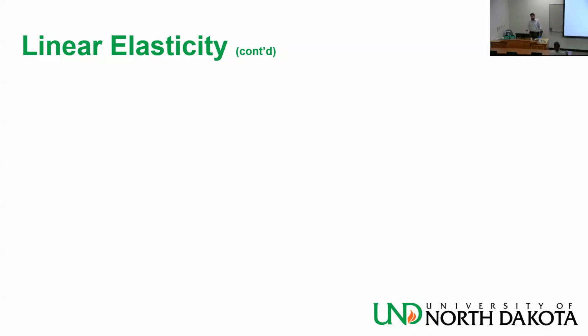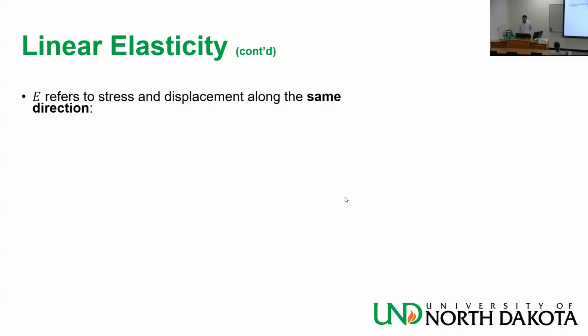It's important that it was the same. So here E refers to the stress and displacement along the same direction. Look at that, sigma yy, epsilon yy. Same direction, exactly.